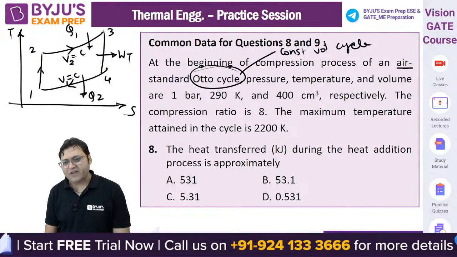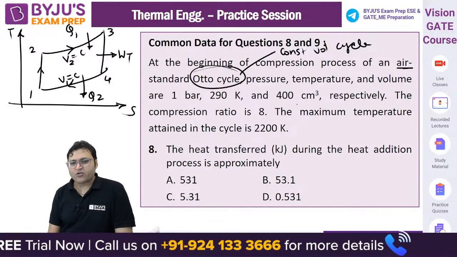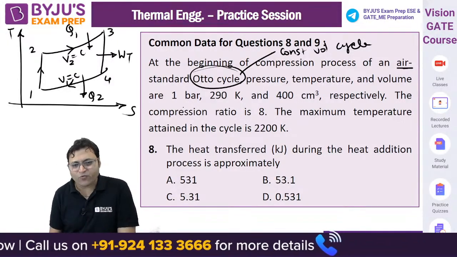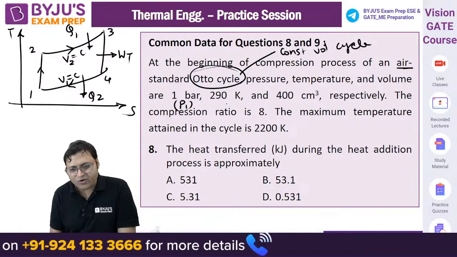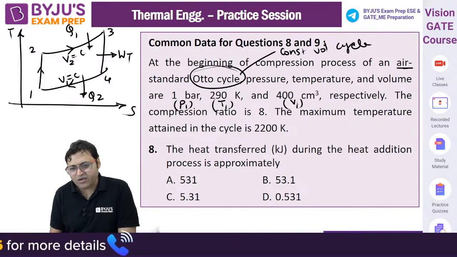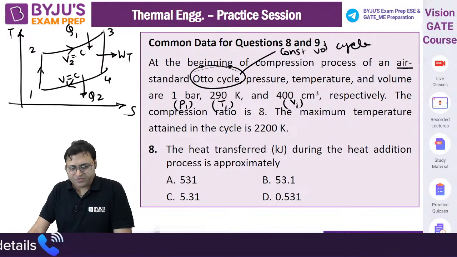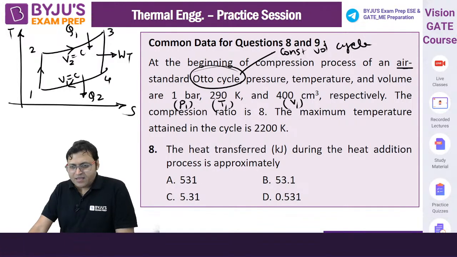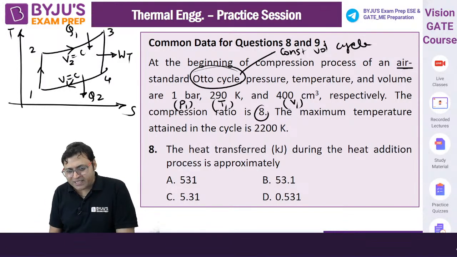At the beginning of compression process of an air standard Otto cycle, pressure, temperature and volume are P1 is equal to 1 bar, T1 is equal to 298 and V1 is equal to 400 centimeter cube. The compression ratio is 8. What is compression ratio?